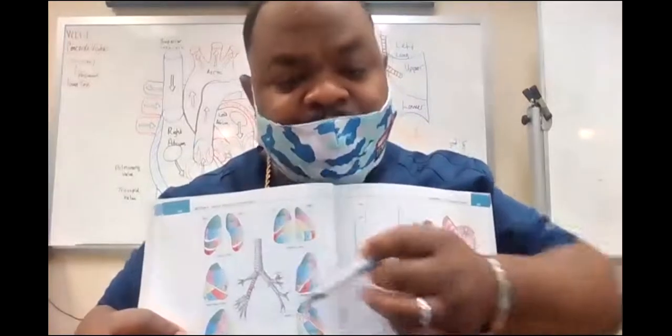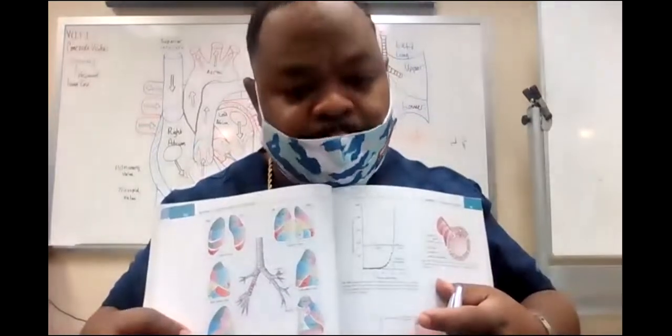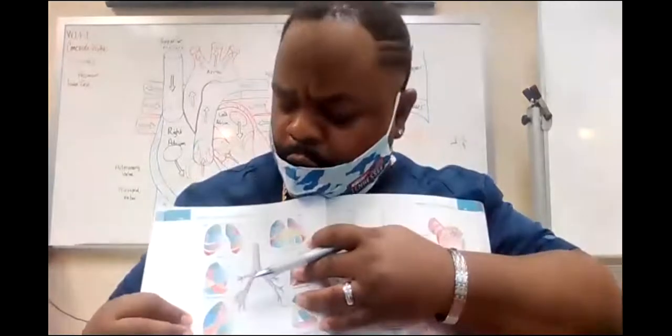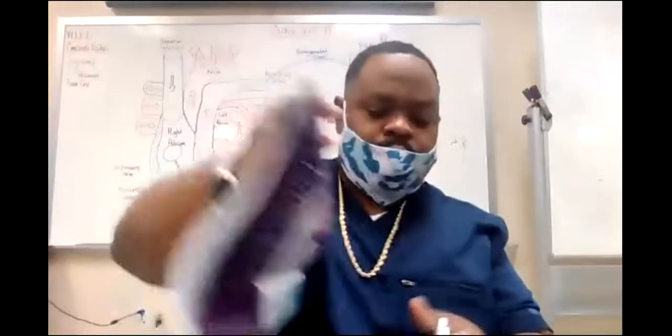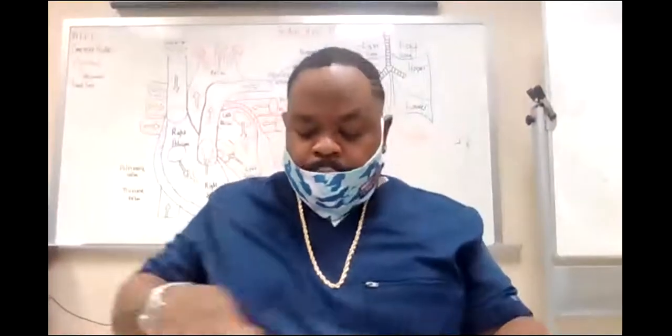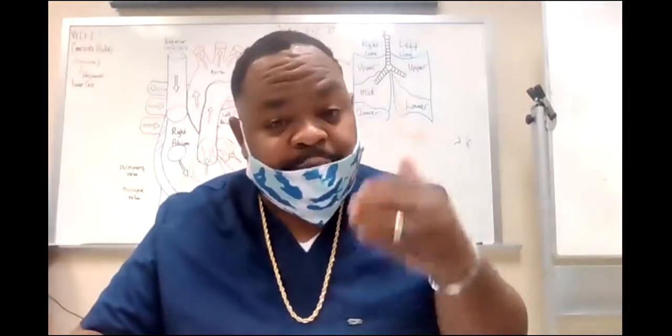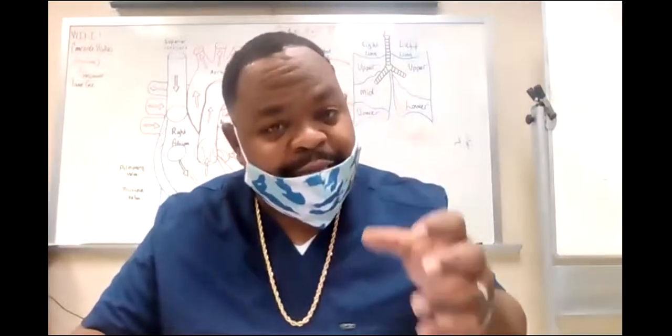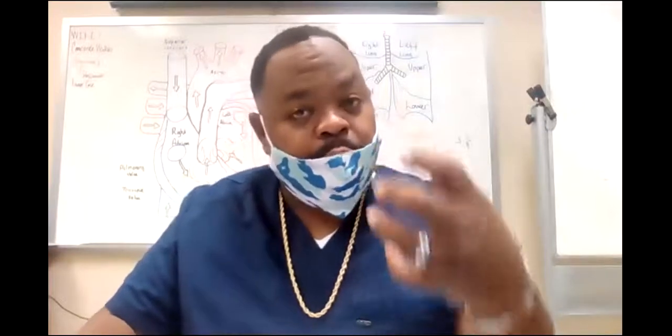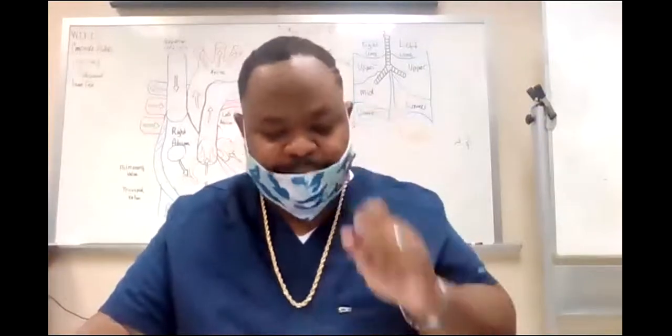And then after the right main stem bronchus, it bifurcates again into the lobar bronchi. Those are the ones that go into their respective lobes. After it goes into its respective lobes, it's going to bifurcate again and become segmental bronchi. And they go into each individual segment.